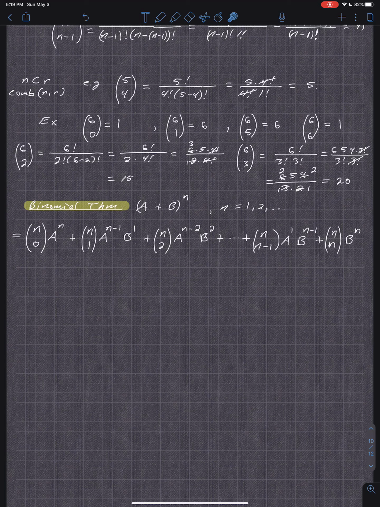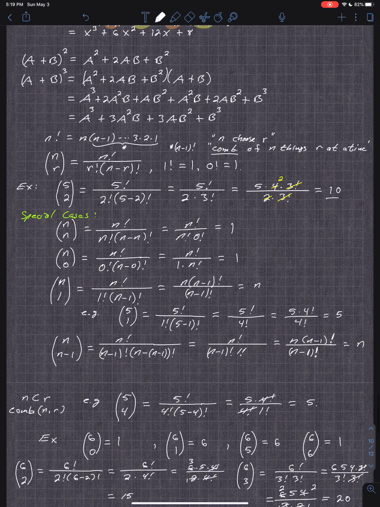All right, so suppose we do the one above that was, what was it? It was (x + 2) cubed. So we know what that is. We just did it. Well, we didn't really do it now, but it's up here.